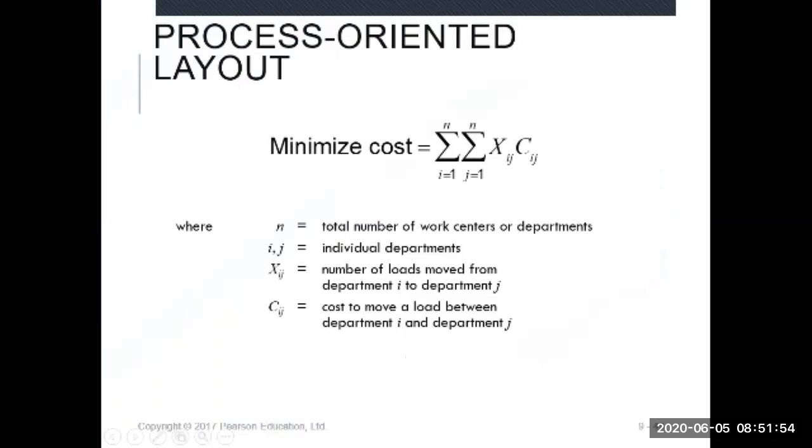Remember the two elements: the number of loads moved between departments, multiplied by the cost to move a load between the departments. Depending on the measurement, if your measurement is cost, then it is the cost to move a load between departments, or the distance to move a load between departments. Then we total everything, and we try to minimize this.